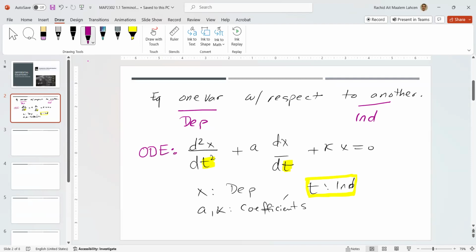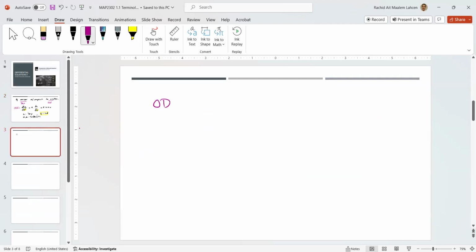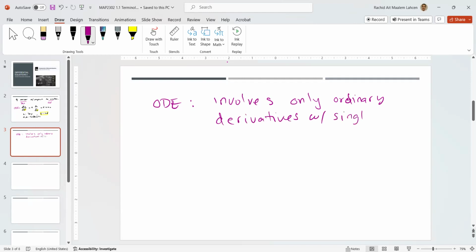Let's put a definition. An ODE involves only ordinary derivatives with a single independent variable.